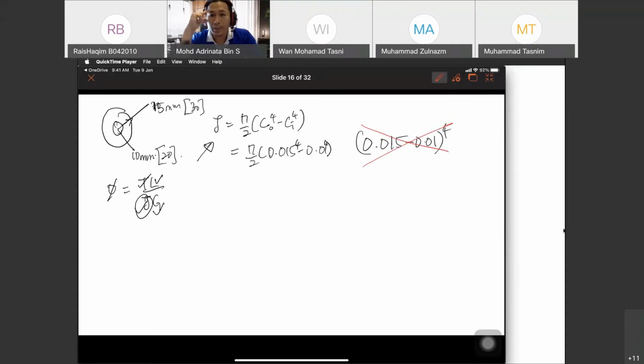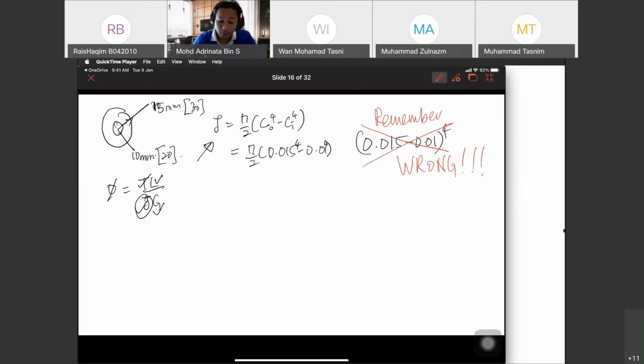Okay, biasa berlaku. Jadi please remember, this is wrong. Okay, alright. Dia kena each of the radius to the power of 4. So please ingat.